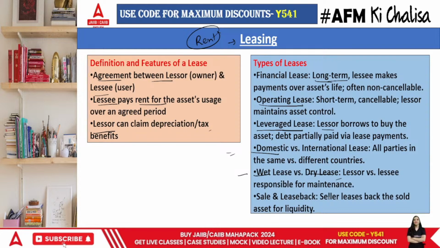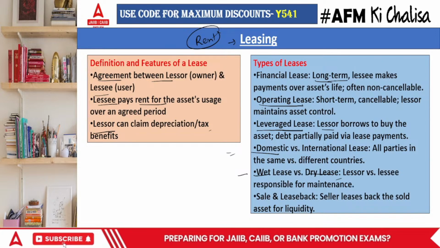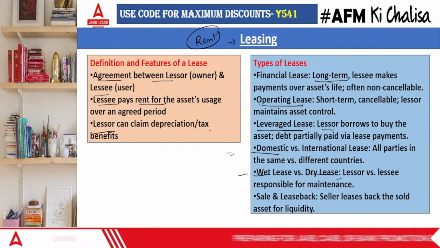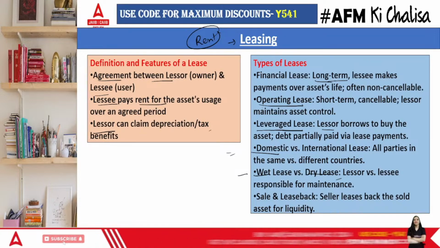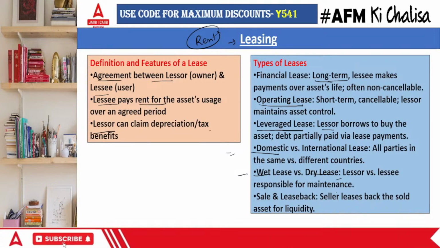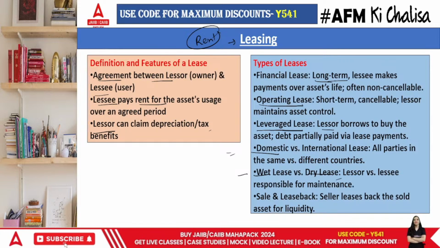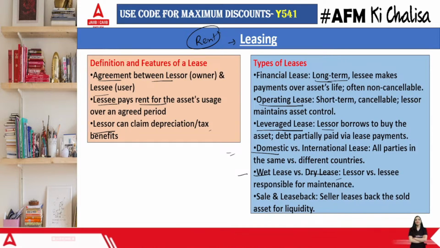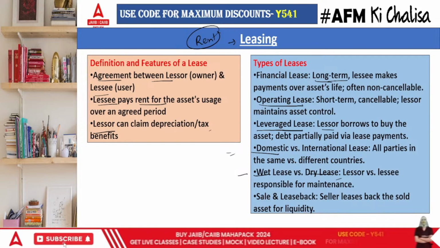So you get money and you lose a particular article. Done, everyone? This is how we define the area of dry and wet lease. Sale and lease back is basically what you do is you take care of your business, and then you give that particular asset back to the organization there.